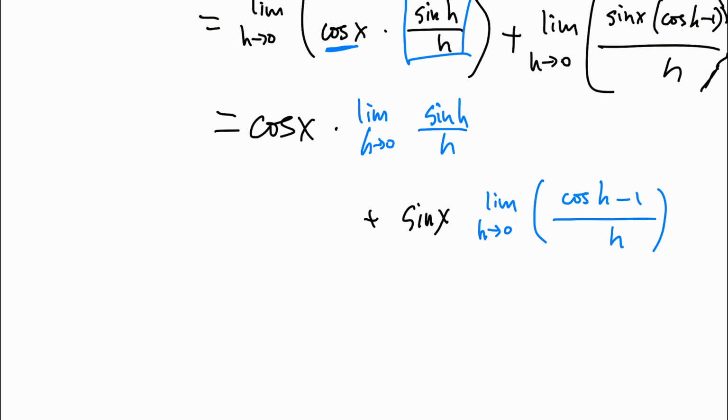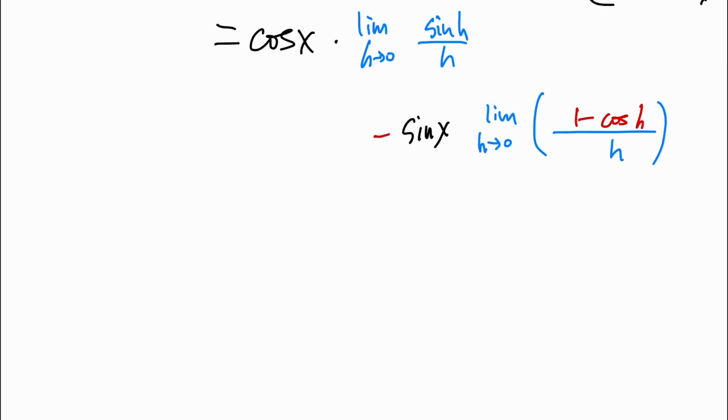And if we think about it, cosine h minus 1, we can multiply by negative 1 to get 1 minus cosine h, and this part would be changed into a negative sign.